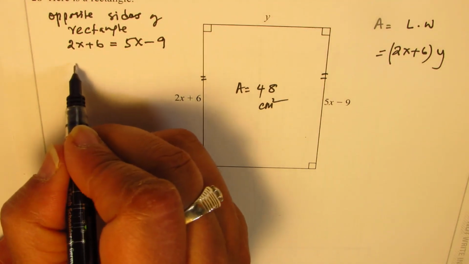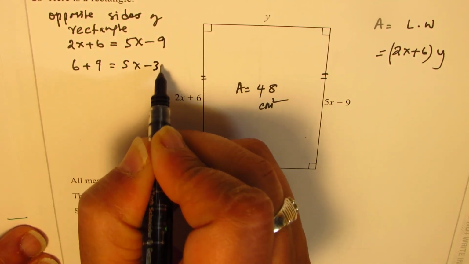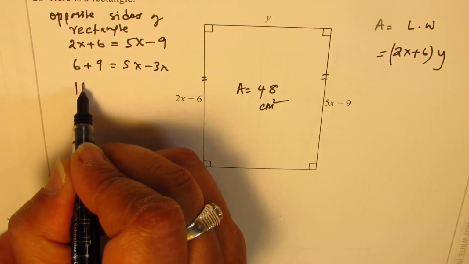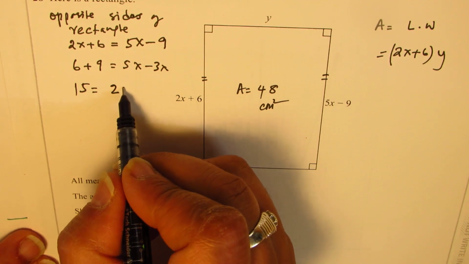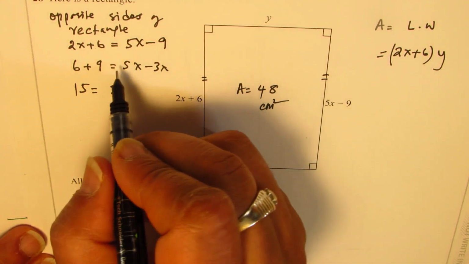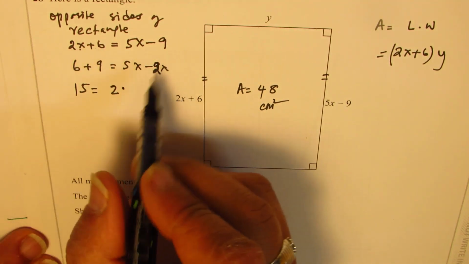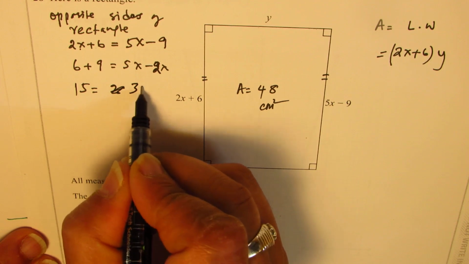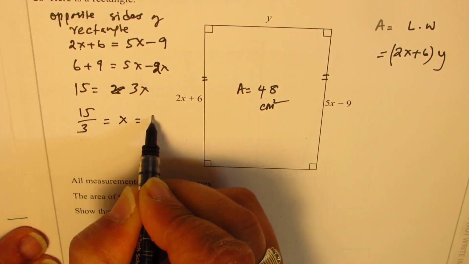So bringing them together, 6 plus 9 equals 5x minus 2x, sorry. This is 2x, so 5x minus 2x is 3x, so 15 equals 3x. So 15 divided by 3 is x, which is 5.